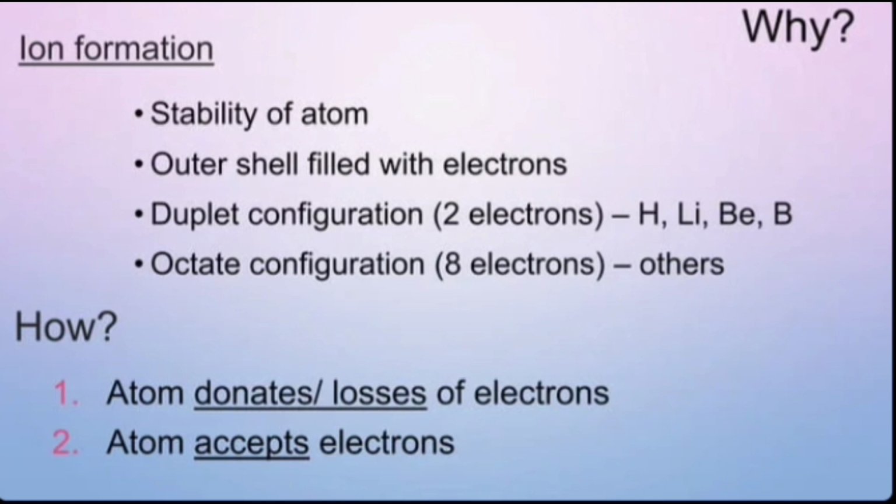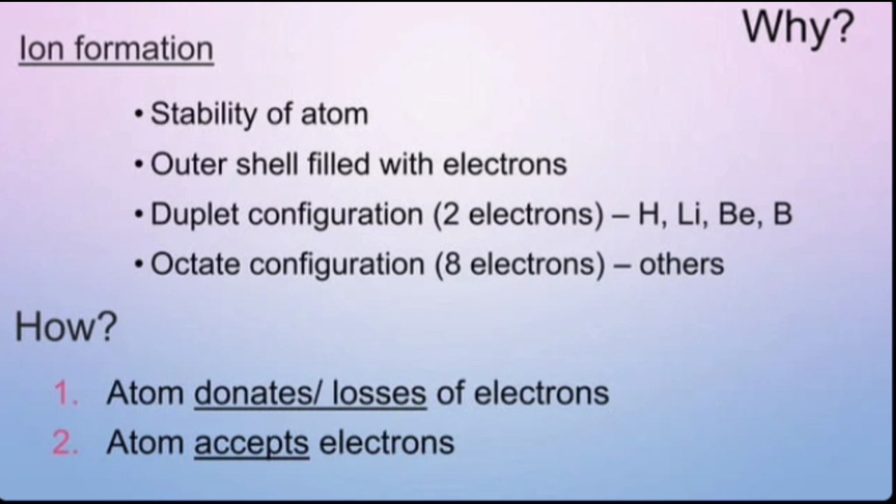The outer shell is filled with electrons: a doublet configuration with 2 electrons, or an octet configuration of 8 electrons, so that they have a complete outer shell. How does ion formation occur? Atoms donate or lose an electron to form an ion, or an atom accepts an electron to form an ion.